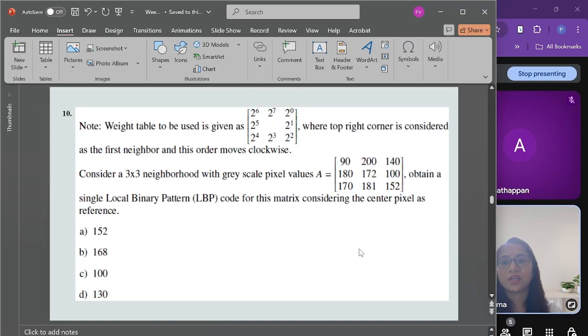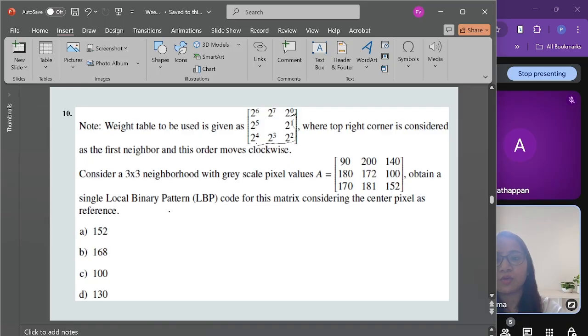The next question is: this weight table is to be used, where the top right corner is considered as the first neighbor and the order moves clockwise. Top right corner, that means this one, is the first neighbor, and the order moves clockwise, in this direction. Consider a 3 cross 3 neighborhood with grayscale pixel values, which is given.